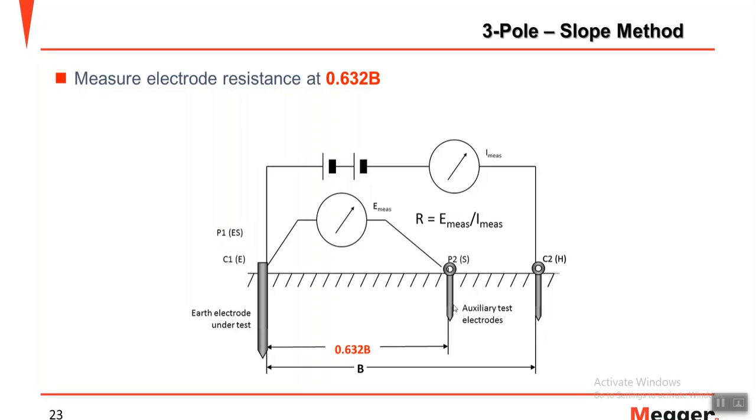This is the actual measurement. Then we confirm if you put here, it will not affect to the interference from any electrode. This is the slope method. So you need to test 3 times measurement, and then you need to do some calculation to define the proper distance here.